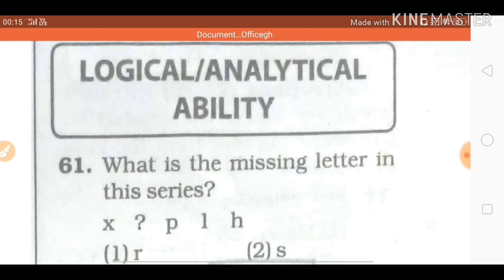As you all know, 20 questions are going to come as far as the IB, Intelligence Bureau, is concerned, right? So I have a collection of 20 questions, and I will try to explain each and every question in detail so that you get benefited from it, right?